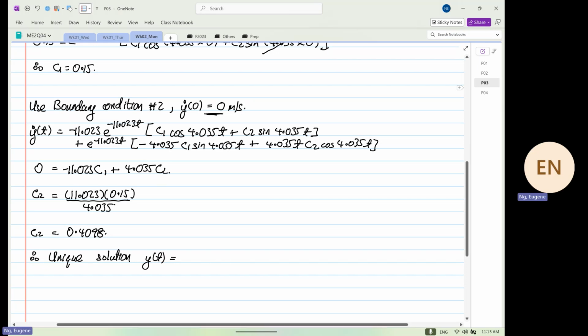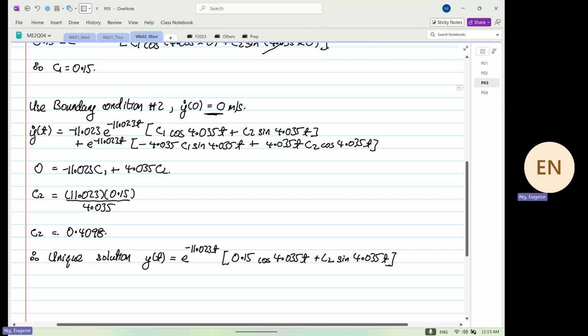Okay. So therefore, our unique solution, y as a function of time, is equal to e^(-11.023 t) multiplied by 0.15, this is our C1, cos(4.035 t) plus C2 sin(4.035 t).